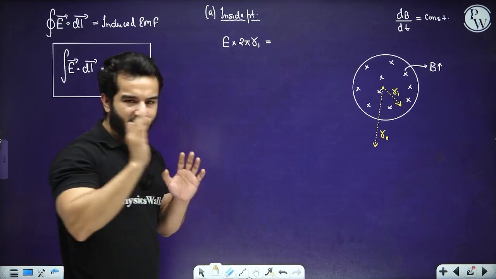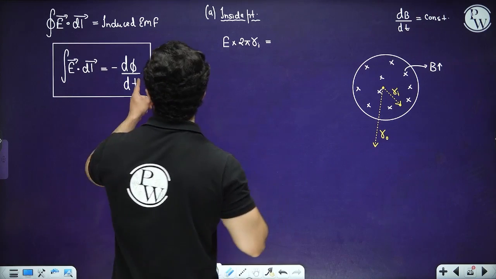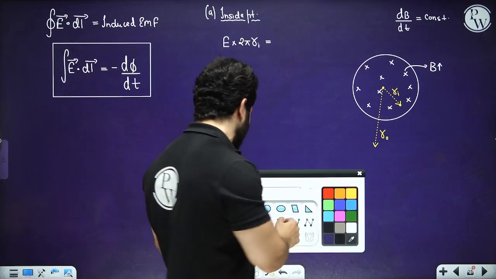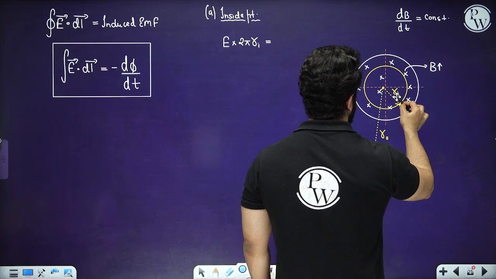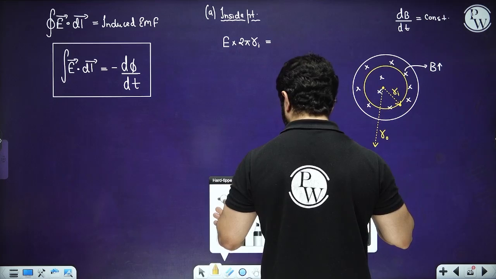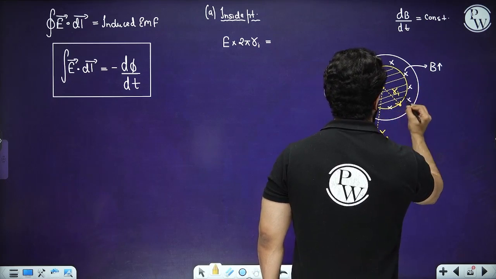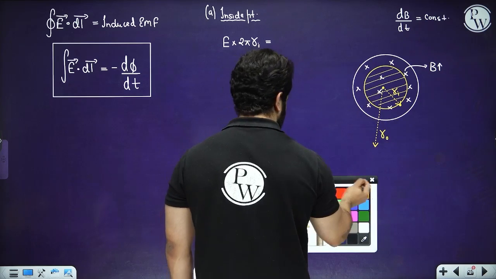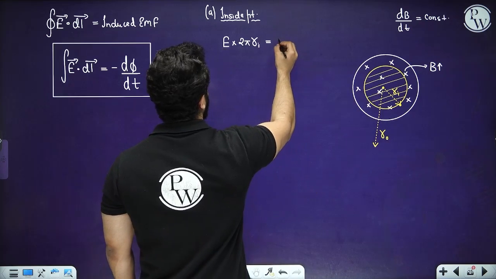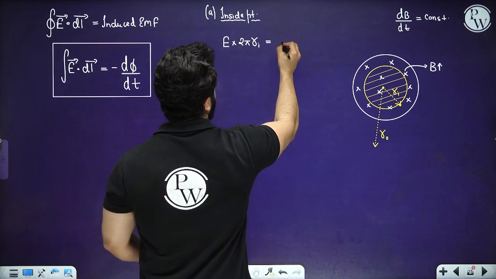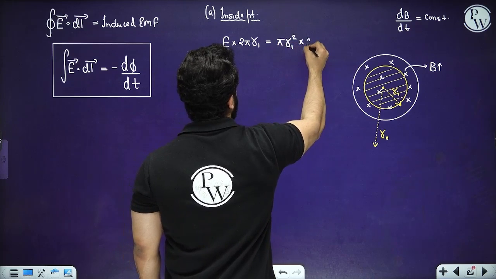And now let's talk about just the magnitude. When we are going to talk about the flux, we'll make one surface like this. This is the area that we are talking about. So we are going to write the area out from here, that is pi R_I square times dB by dt.